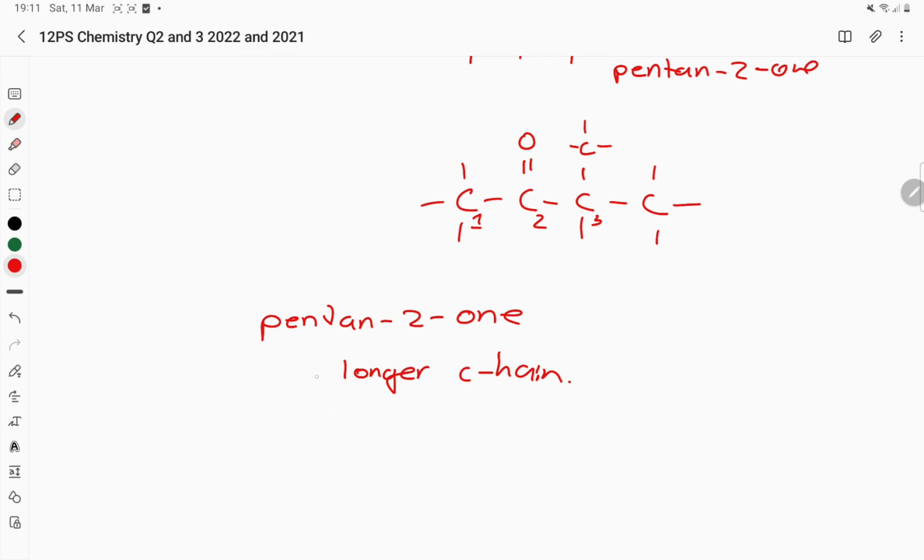And therefore, it will have more surface area for the London forces to interact or act between the molecules.